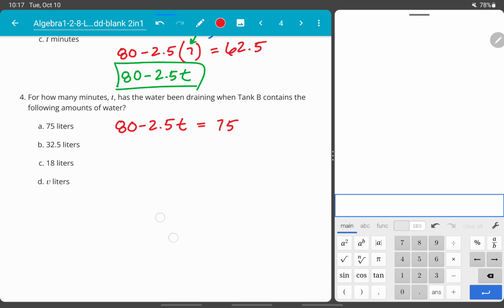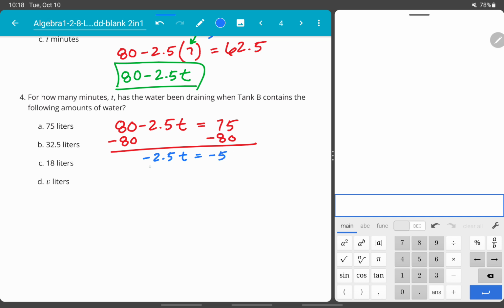So if we reason through it, if it's 2.5 liters in the first minute, that would be 5 liters in the second minute, and 80 minus 5 is 75. Or we can just do inverse operations. Let's subtract off the 80, and then we'll get negative 2.5 T equals negative 5.